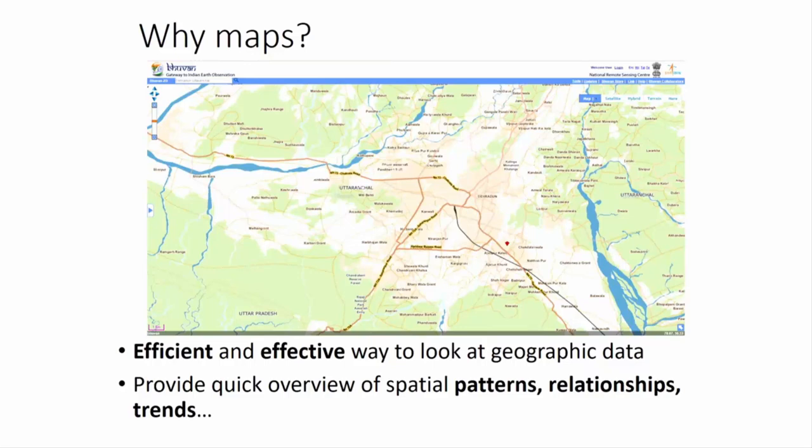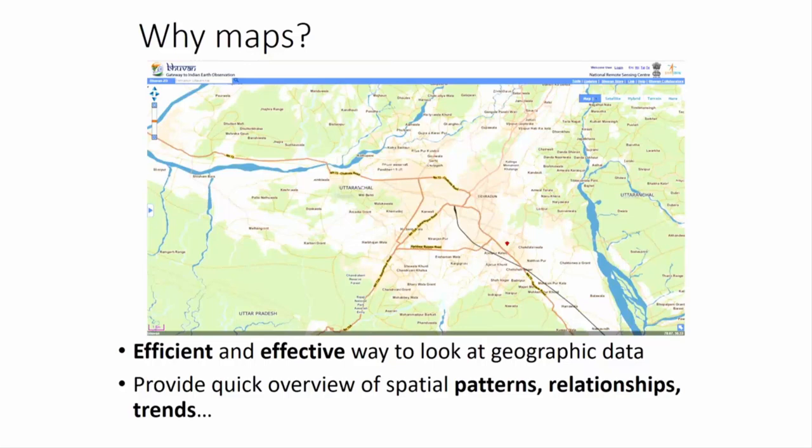So at the first level, maps can be considered as a tool to effectively represent the geographical data. But at the next level, they can also provide spatiotemporal patterns and their relationships. In some cases, if we use time series maps, then we can also understand the trend.